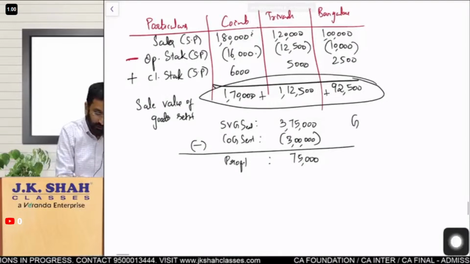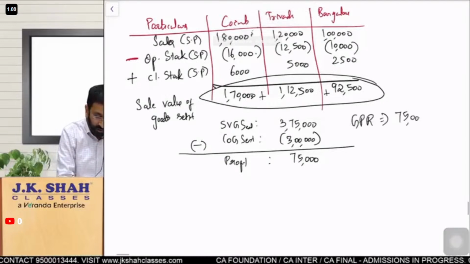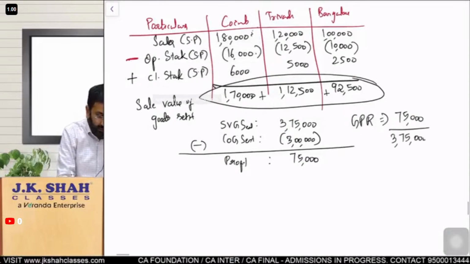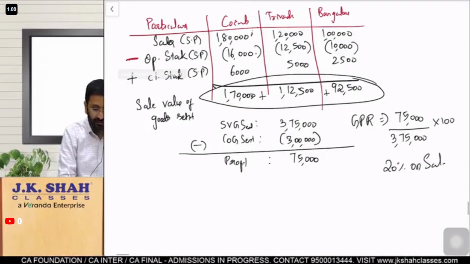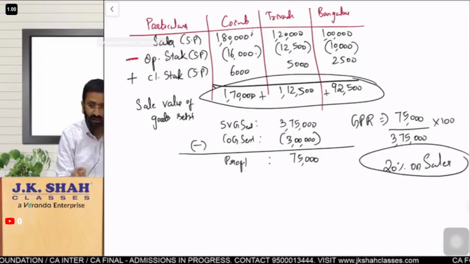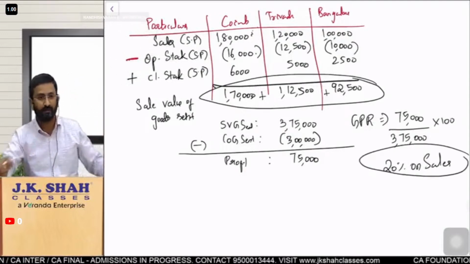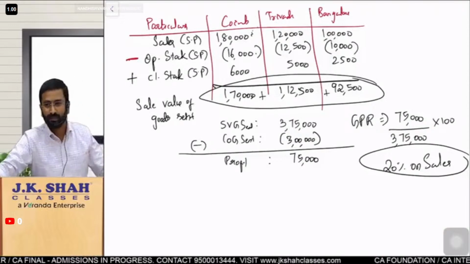So GP ratio is 75,000 by 3,75,000 into 100, 20% on sales. Be specific, don't simply write 20%. 20% on sales. That's it.